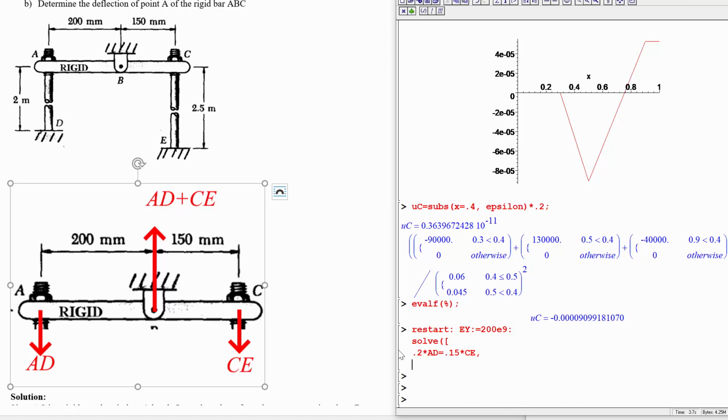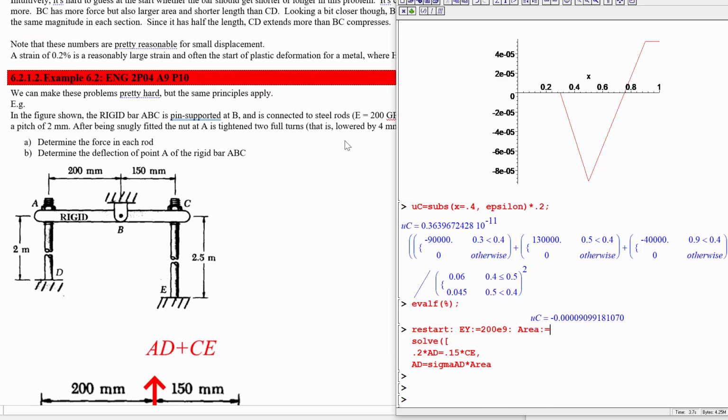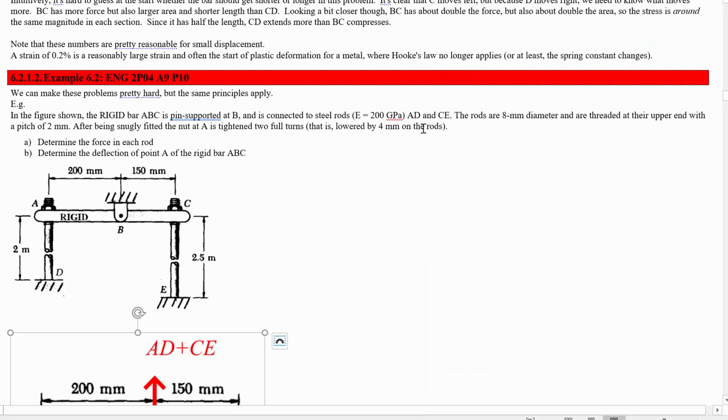Okay, so first step is to say that AD, the tension force here, would be equal to the stress in it times its area. Sigma AD times the cross-sectional area. And we can write that out. That's the same for both of them. Area is equal to, they said it was, what's the diameter? 8 millimeter diameter.